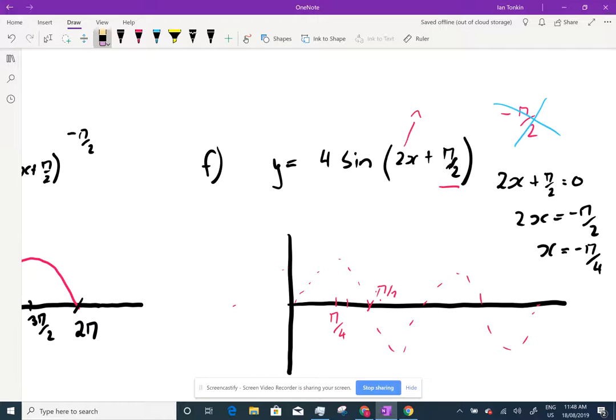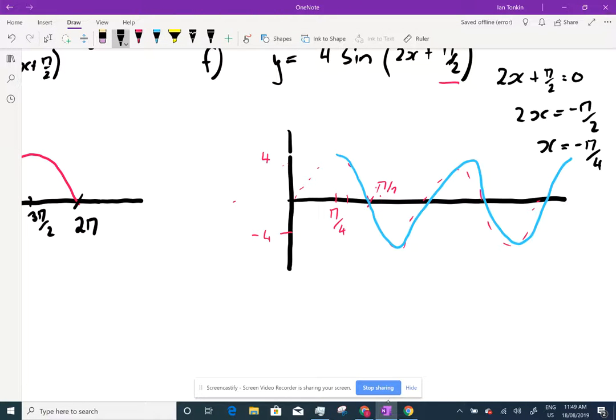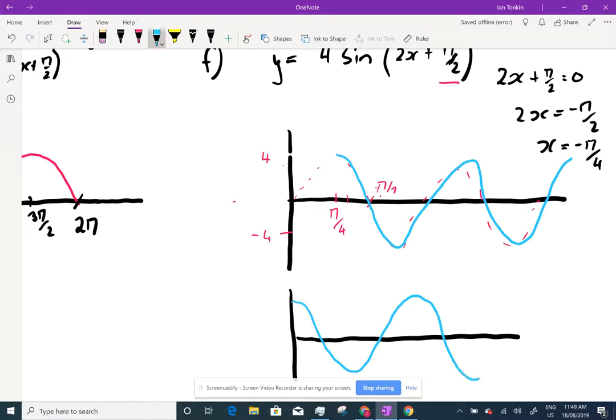So we're shifting it, because that's what the 2x does, and it goes up and down, up and down to 4 and minus 4, and we shifted it pi on 4, so we've shifted it back to here. So the real curve is just that part, and we've got to move it back. So it's going to look like 1, 2.